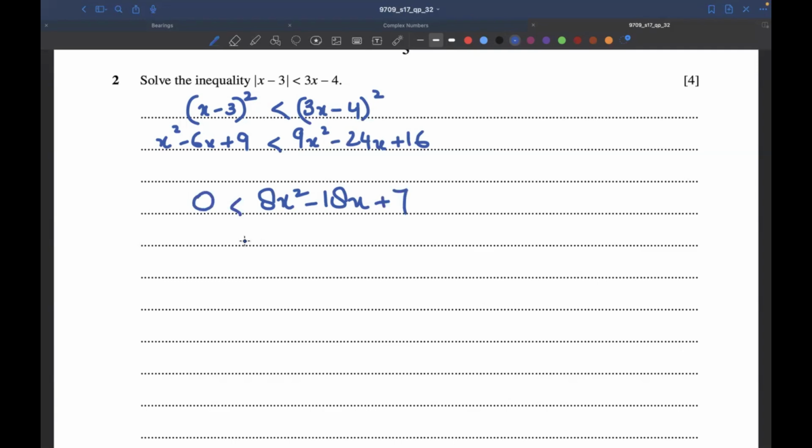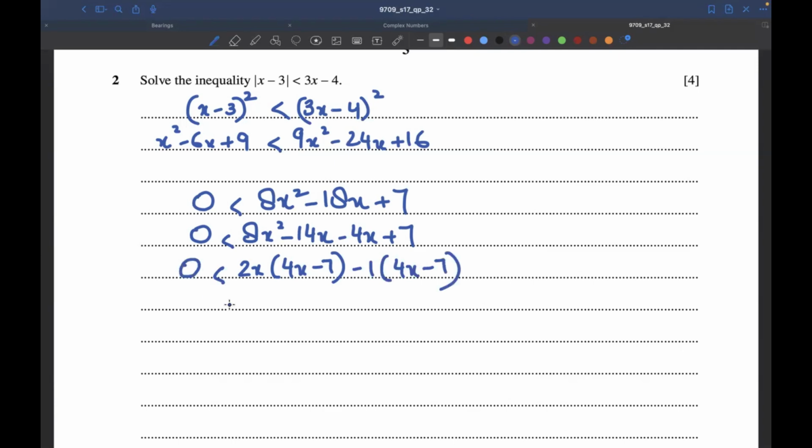Now factorizing it, we'll get 8x squared minus 14x minus 4x plus 7 is greater than 0. Taking 2x common, we'll get 4x minus 7, and taking 1 common, we'll again get 4x minus 7 is greater than 0. So we get (2x minus 1)(4x minus 7) greater than 0.